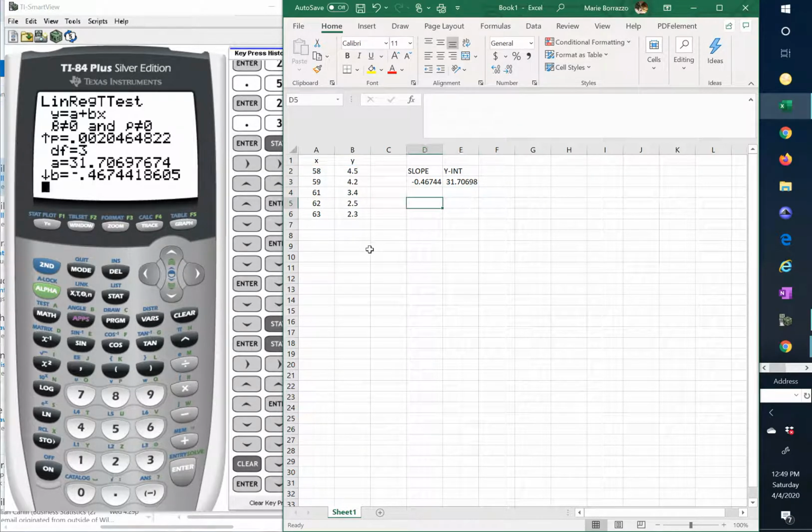So that means that our predicted equation, our predicted y, is equal to 31.7 minus 0.467, and then your variable, independent variable x, which is going to sit right next to it.